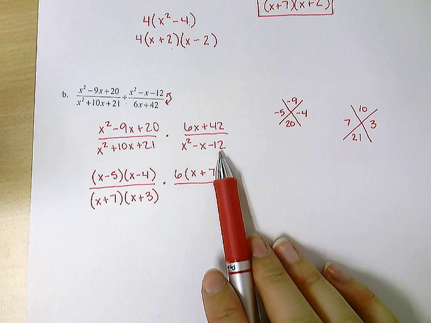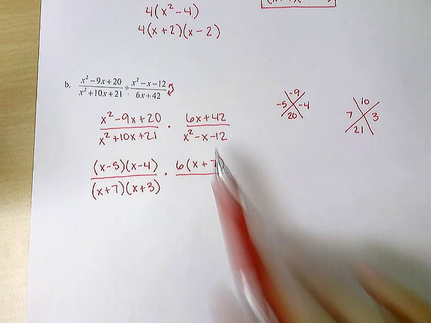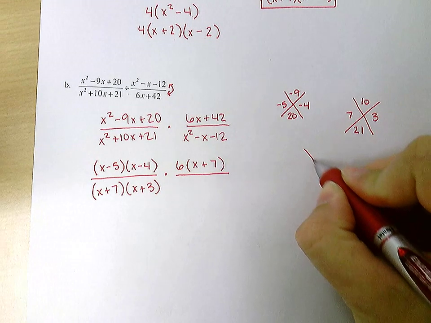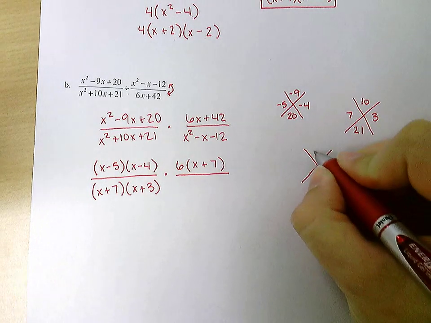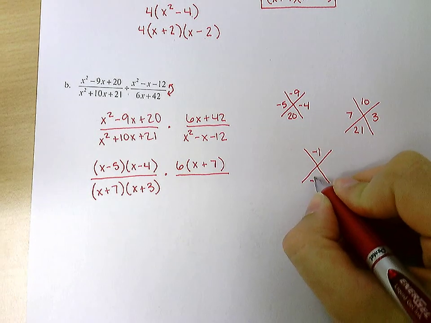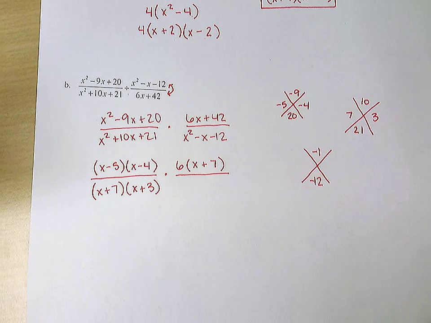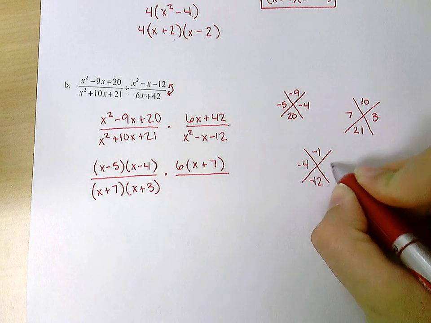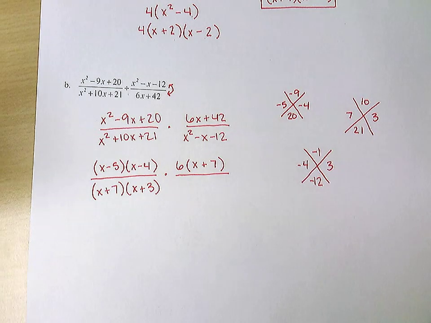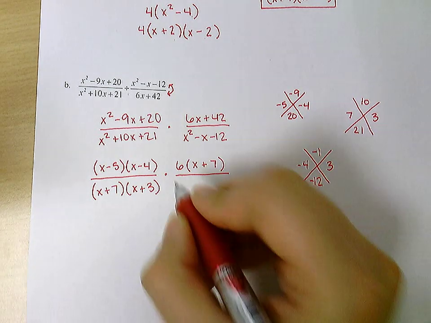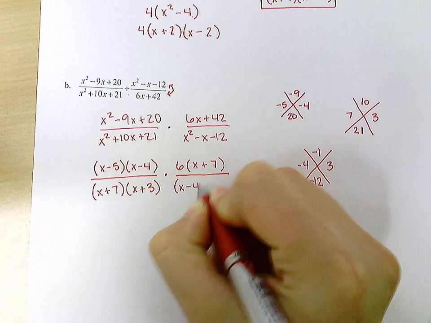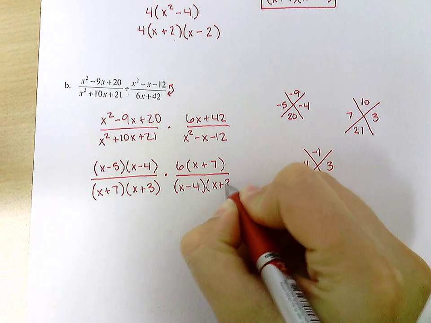Again, I have a quadratic here, so I use the x method to factor that one. So what adds to negative 1 and multiplies to negative 12? Negative 4 and 3. So I have x minus 4 times x plus 3.